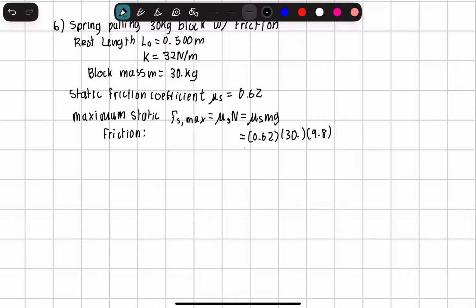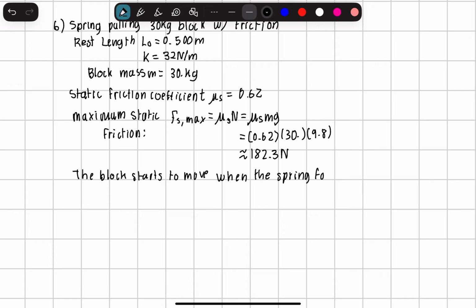And then plugging this into the calculator, you get approximately 182.3 newtons. Now, we know that the block starts to move when the spring force equals this. And I'll show you what I mean.